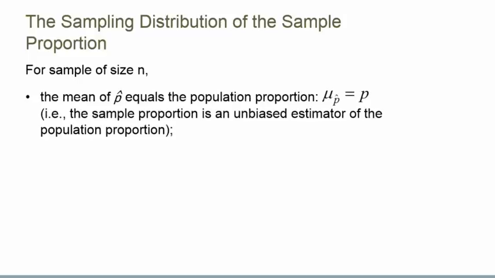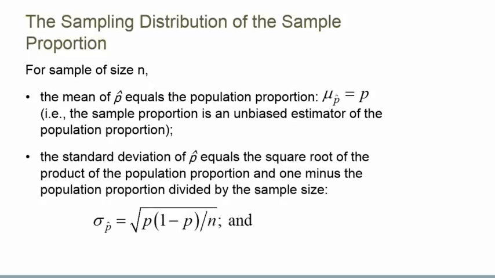The sampling distribution of the sample proportion. For a sample of size N, the mean of P hat equals the population proportion, mu sub P hat equals P, i.e., the sample proportion is an unbiased estimator of the population proportion.